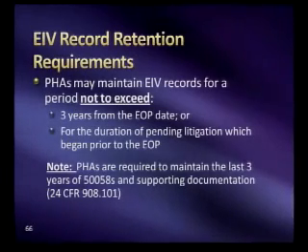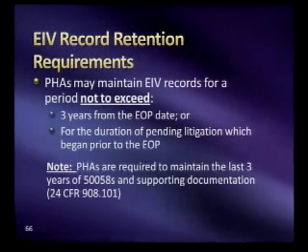And then also, just note at the bottom there, 24 CFR Part 908.101 was a modified regulation with the refinement of income and rent rule, which specified that housing authorities are required to maintain at a minimum 3 years of the most recent 50058 and supporting documentation. Keep in mind, this is HUD's record retention policy.